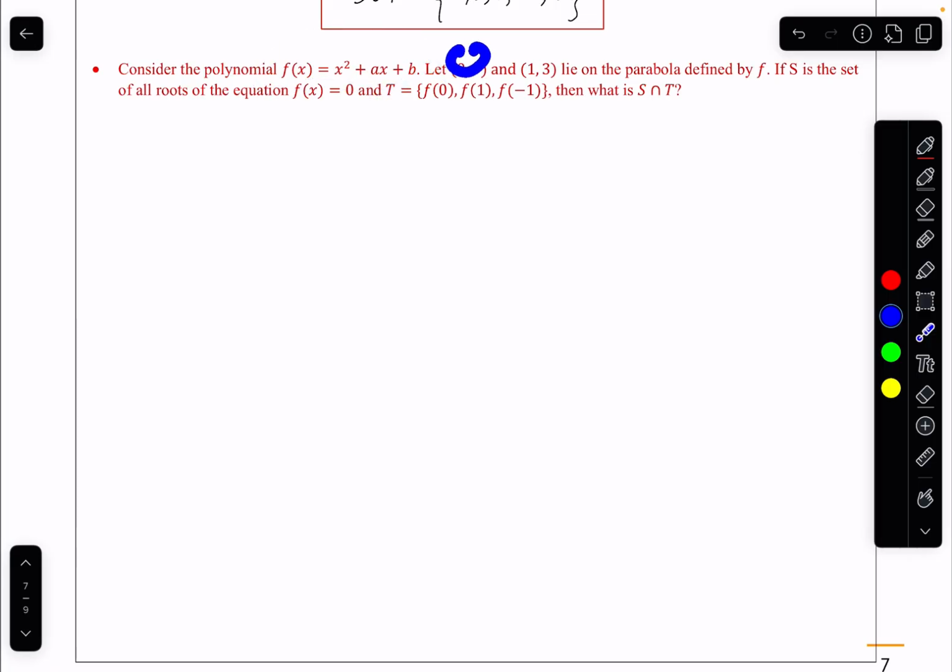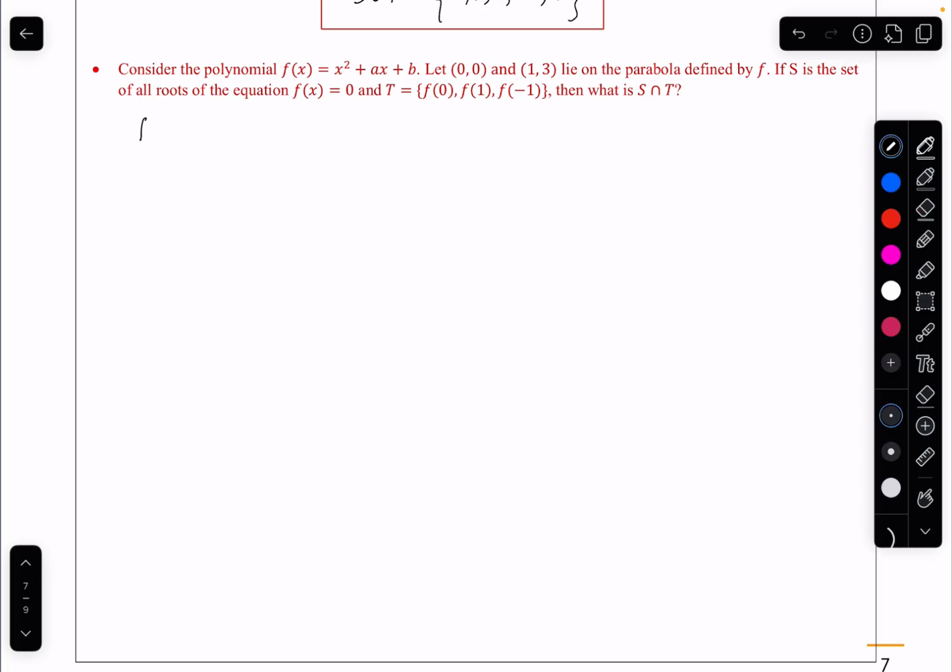So these are two points which satisfy the equation f(x) is equal to x squared plus ax plus b. If S is the set of all the roots of the polynomial f(x) equal to 0, and T is of this form, what can you say about S intersection T? Just like in the last question, I'll try to find the values of a and b if possible, and then we'll talk about S and T from there.